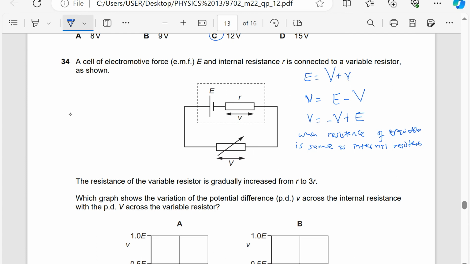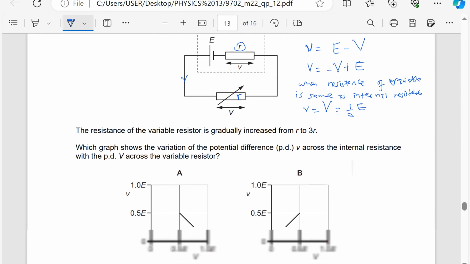It means when the resistances are the same, remember the current is the same, so the EMF is going to be divided equally. So it means small v is going to be equal to capital V. So when the internal resistance is the same as the resistance of the variable resistor, then the PDs across them are the same, so the PD for the smaller resistor is going to be a half of E. They divide the EMF equally, so that would be a half of E.